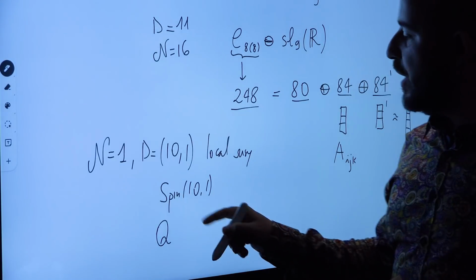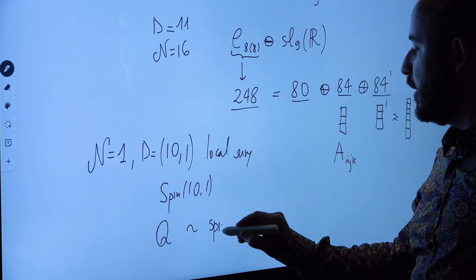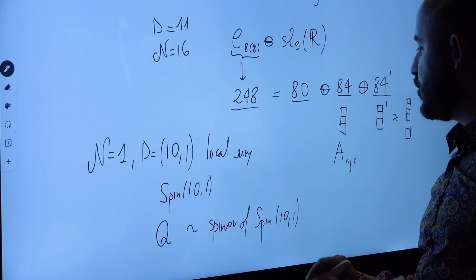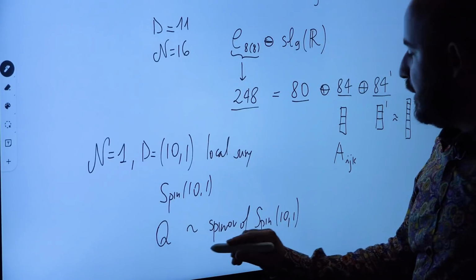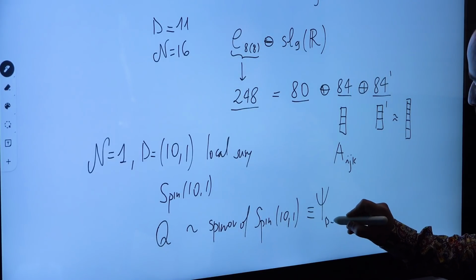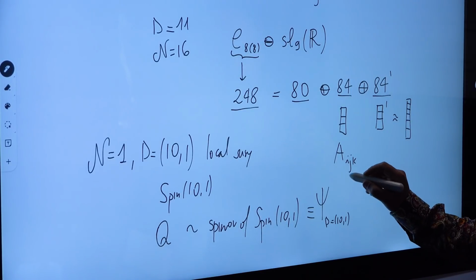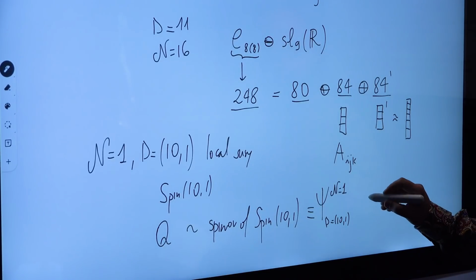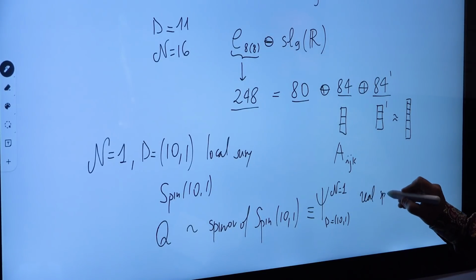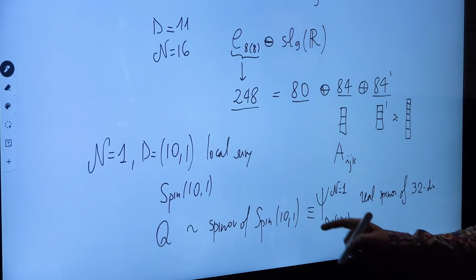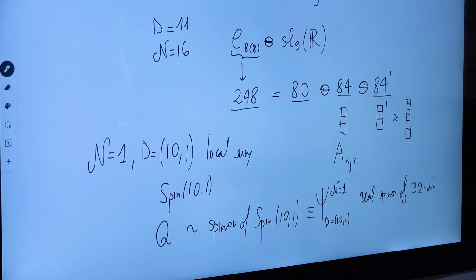These generators will be a spinor of Spin(10,1), the fundamental representation of the spin covering of the Lorentz group. I denote this with psi, in D=10,1, M-theory, N=1. It is a real spinor of dimension 32, the number of components of this spinor, like a column with 32 entries.